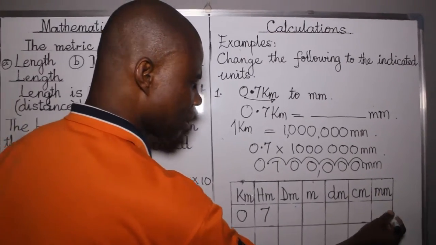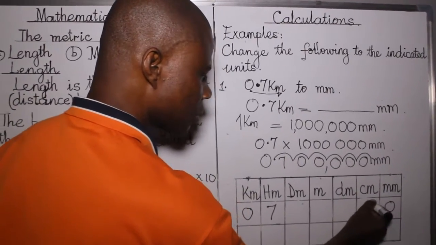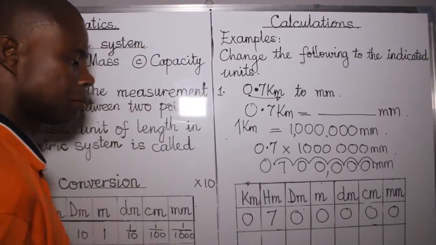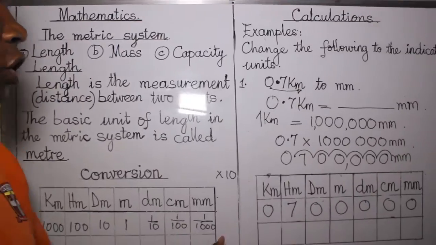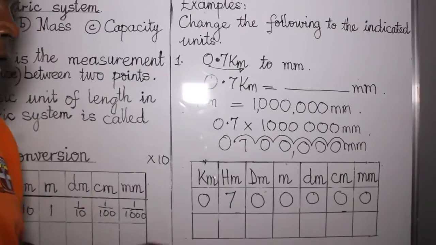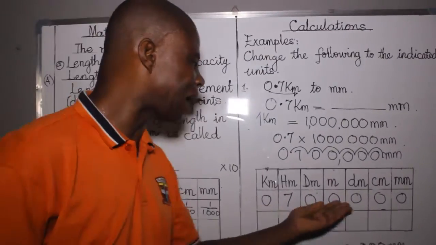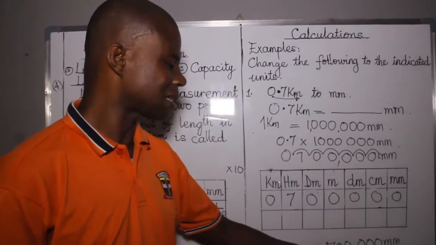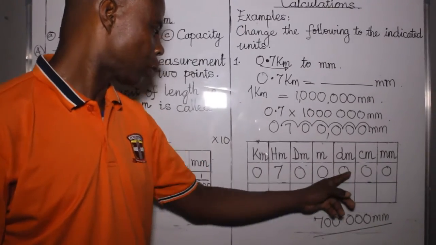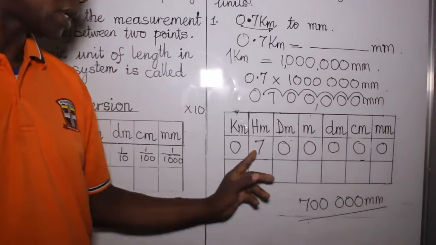So this is millimeter. Start with 0, 0, 0, 0, 0. And that's all. You have already finished solving it. You don't need to calculate anything. All you need to do is just copy out this figure, which is 700,000: 5 zeros and 7.